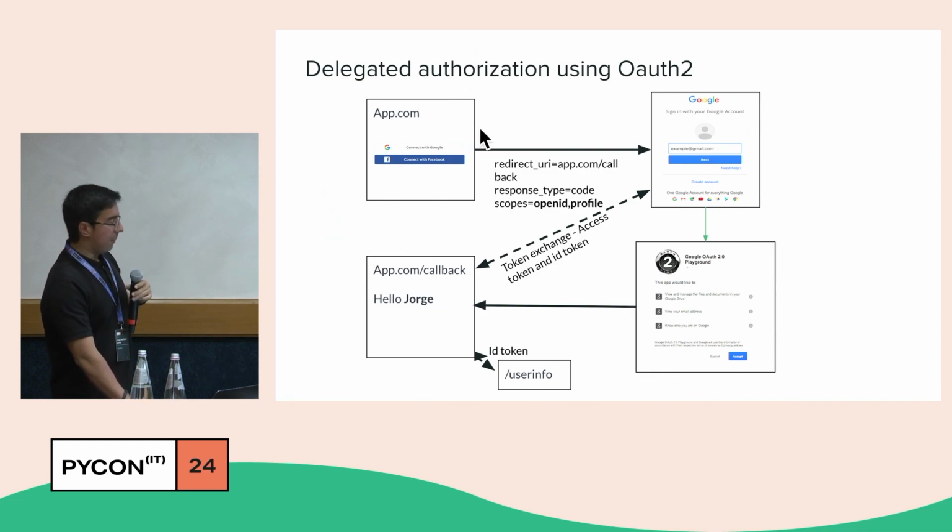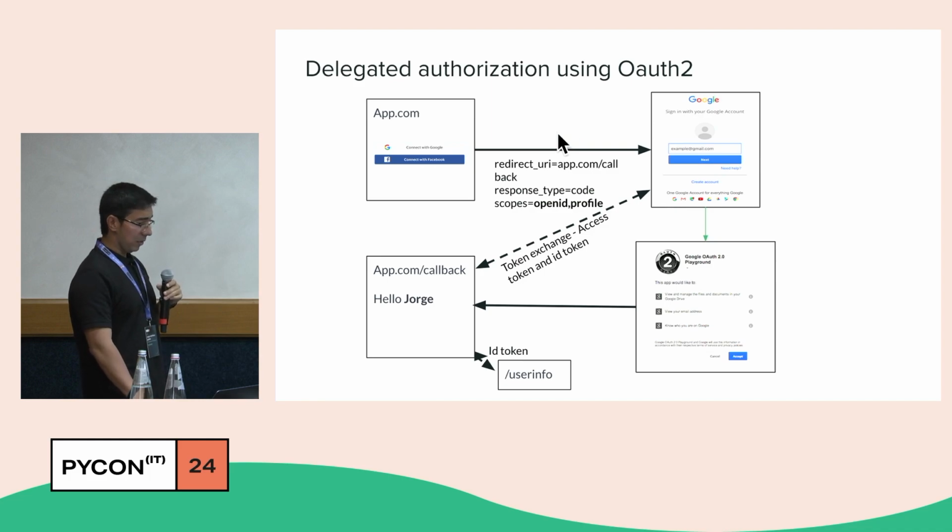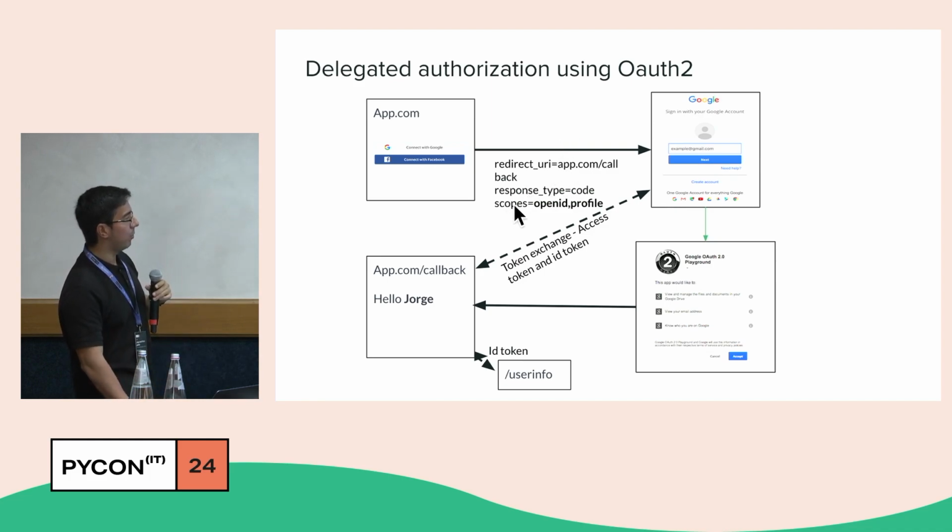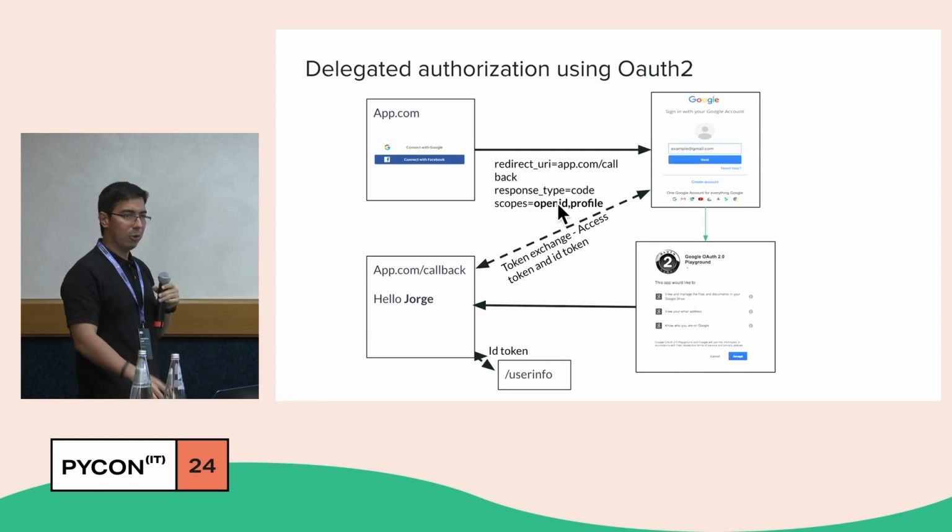And then the flow is similar in terms of the scopes. There are some predefined scopes, which are openid and profile. And then when the user logs in and accepts the consent, and performs a token exchange, you will receive the access token plus another token called the ID token.